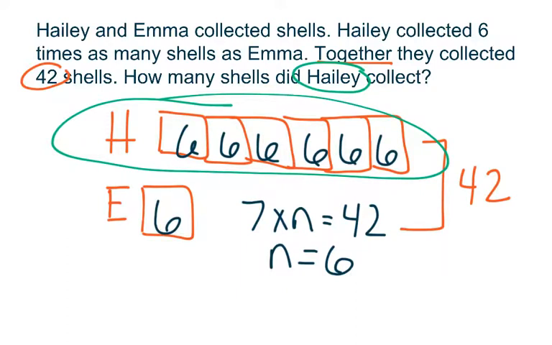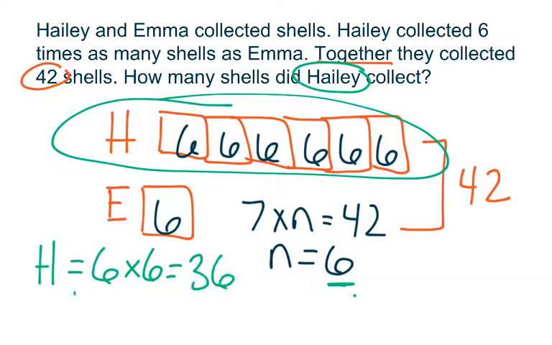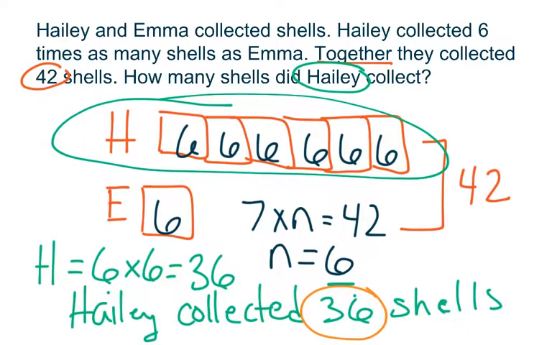So if I want to know how many shells Haley collected, I would count the number of boxes Haley had, which is 6, and I would multiply that by the value of my variable, which is 6. So Haley's number of shells is going to be equal to 6 times 6. 6 times 6 is equal to 36. So Haley collected 36 shells.